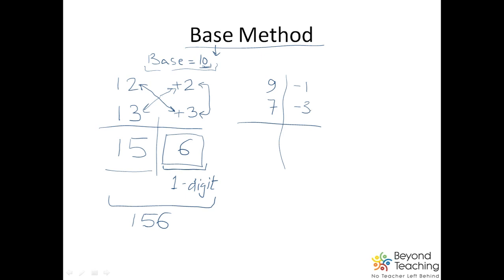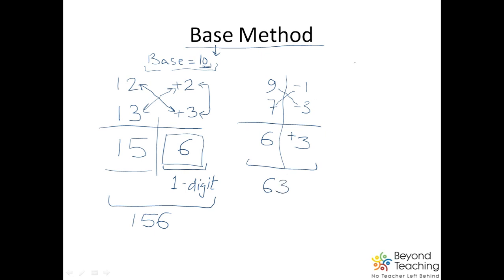So minus 1 times minus 3, two negative numbers multiplied will give you a positive number. Minus 1 times minus 3 will give you plus 3, and I can write here plus. Okay, and then you know what to do with this. 9 minus 3 or 7 minus 1, both of them will give you a 6, and 9 times 3 we all know is 63. That's how you get this answer.